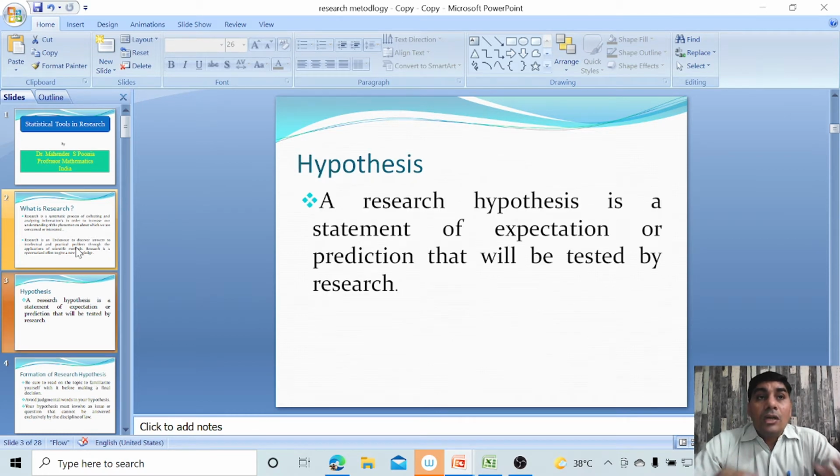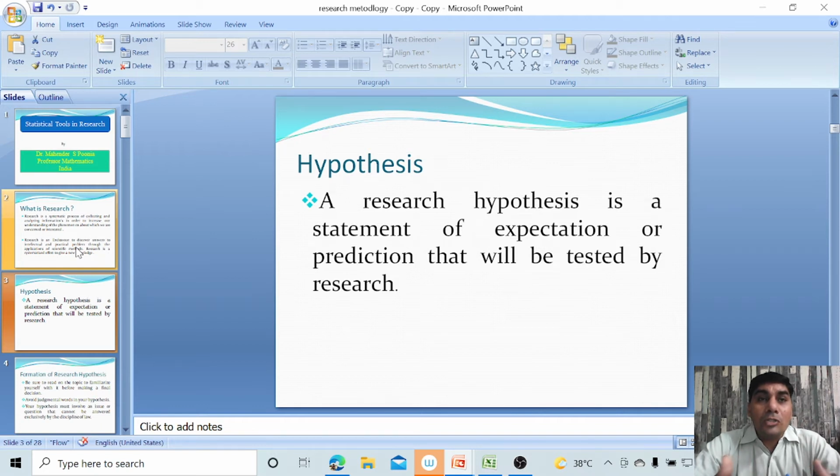Now, to do research, a very important thing is the hypothesis. We are discussing minor things about research and hypothesis because our main motive is to discuss the statistical tools, that means statistical techniques to analyze the data.